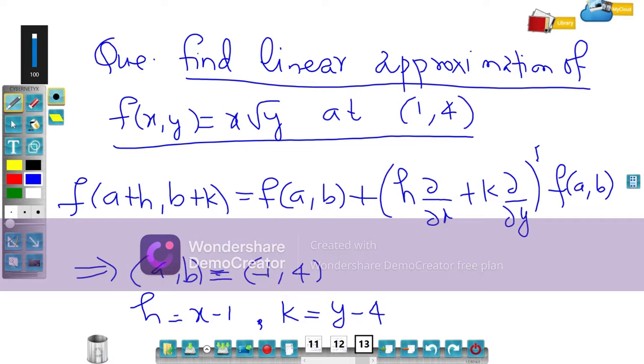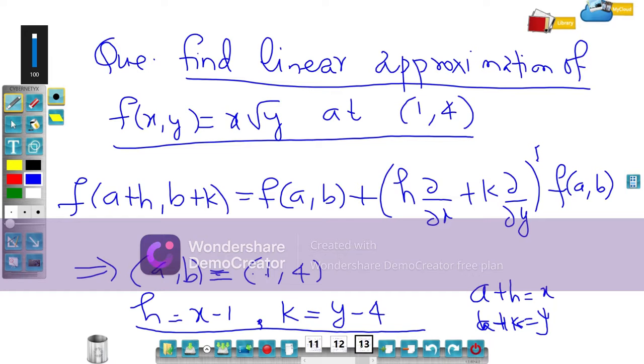If it were minus 4, it would have been x plus 4. That is okay, that's fine. So in general you can note that a plus h is x, so that means that h is x minus a. Similarly b plus k is equal to y, so you can see that k is y minus b.